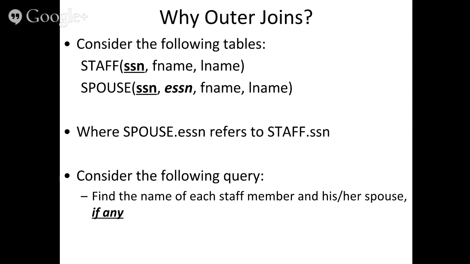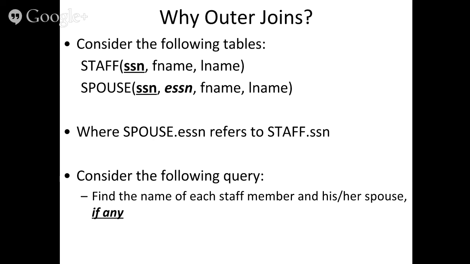So we have 2 tables here, and here's usually your query. Your query might say, I want to find the name of each staff member and their spouse. Well, that tells me that I need to join the staff with the spouse, obviously. And if that's the entire query, it's just a natural join.